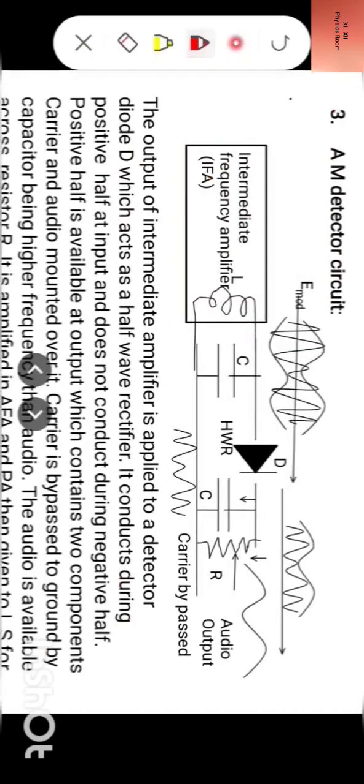Okay. Now third, AM detector circuit. Here we have AM detector circuit.